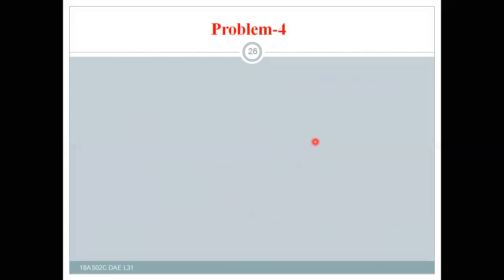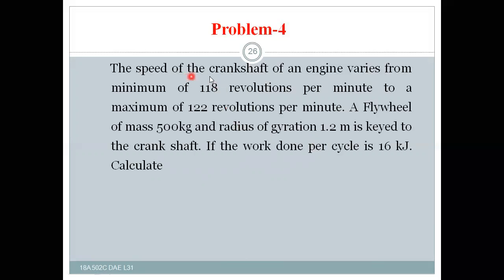So next is problem number 4. The speed of the crankshaft of an engine varies from a minimum of 118 revolutions per minute to a maximum of 122 revolutions per minute. That means two speeds, N1 and N2, are there, and we can calculate omega 1 and omega 2. A flywheel of mass 500 kg, radius of gyration 1.2 meters, is fitted to the crankshaft, so you can calculate the moment of inertia also.